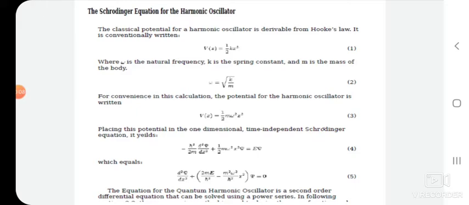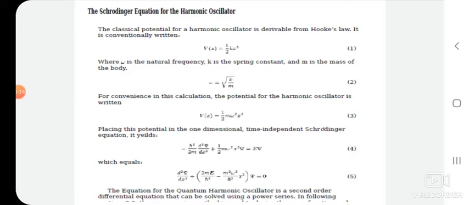In the last lecture, we discussed the classical view of the linear harmonic oscillator. Today we are going to solve the Schrodinger equation for a harmonic oscillator. It's the quantum mechanical part. This is the most important derivation.